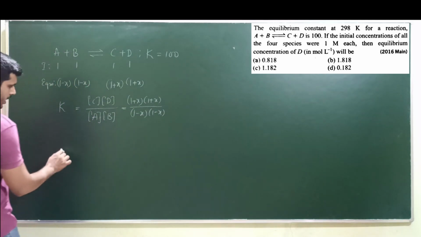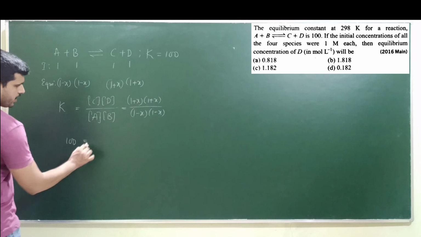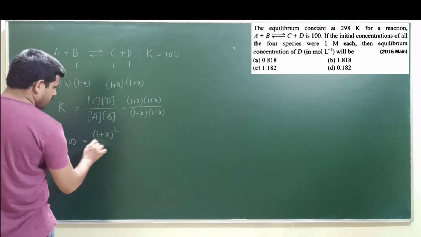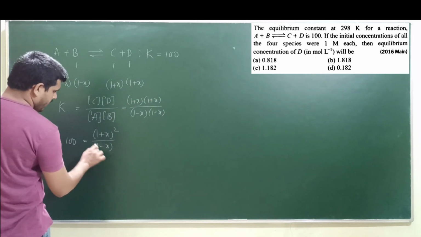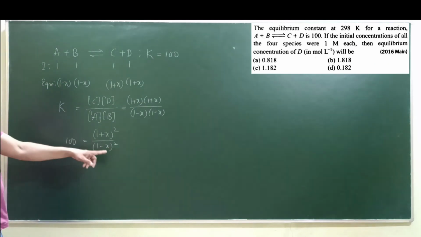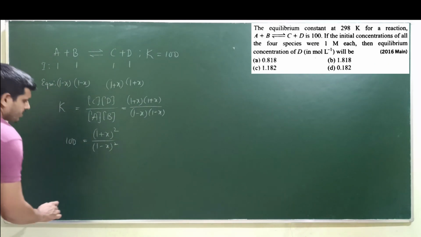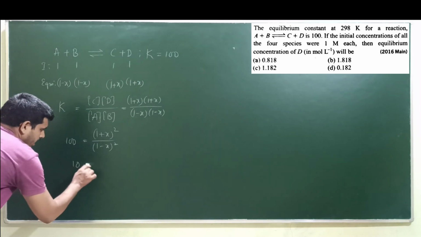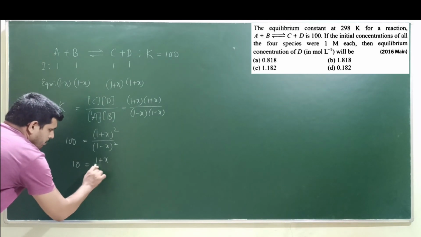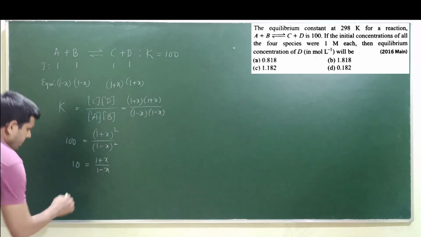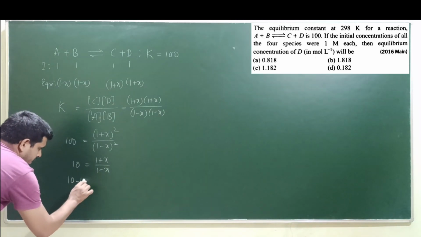So let us substitute. K is 100. 100 is equal to 1 plus X the whole square divided by 1 minus X the whole square. So taking the square root here, the square root of 100 is 10, equal to 1 plus X by 1 minus X, right? So this is 10 minus 10x.